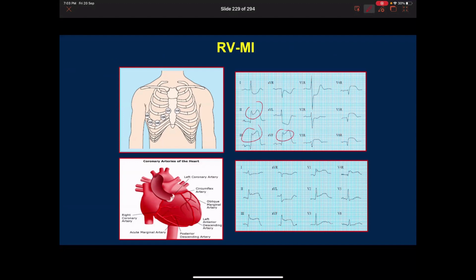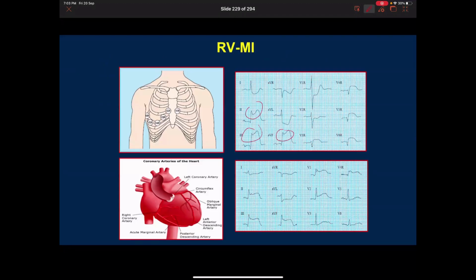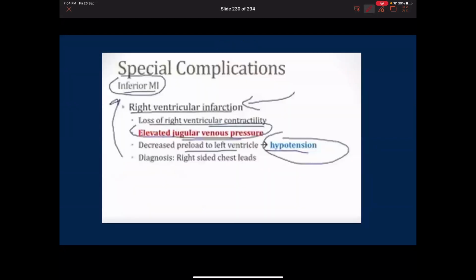So this confirms the diagnosis that there's a right-sided STEMI. Is this clear? Okay, cool. This is just extra information for you guys, how to recognize if someone is having a right ventricle infarction.